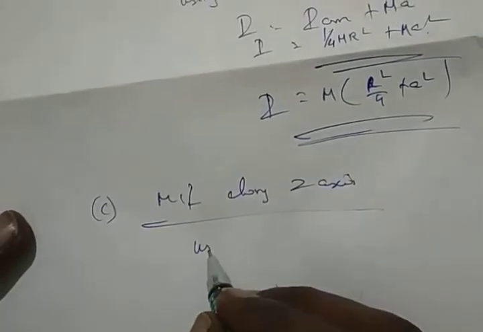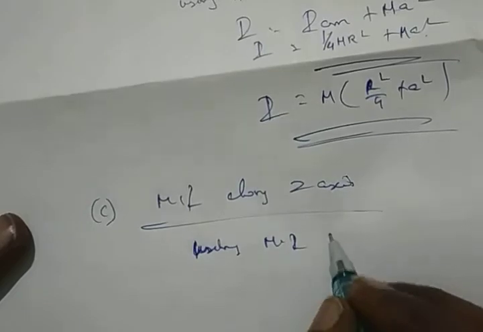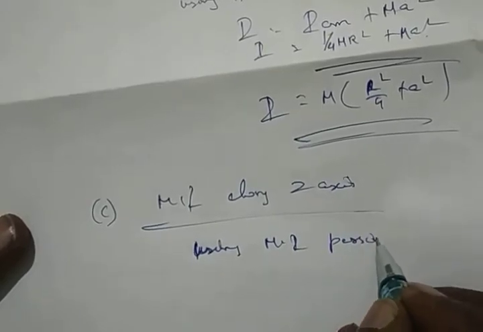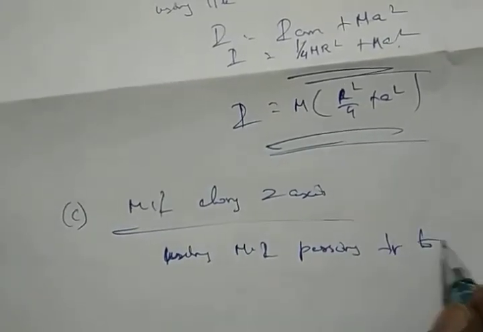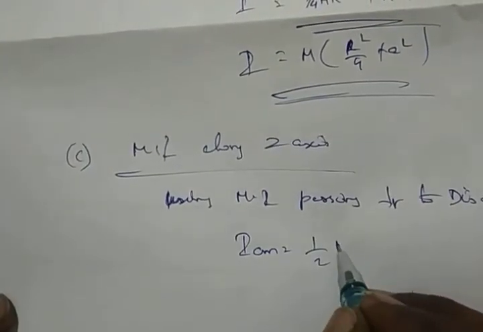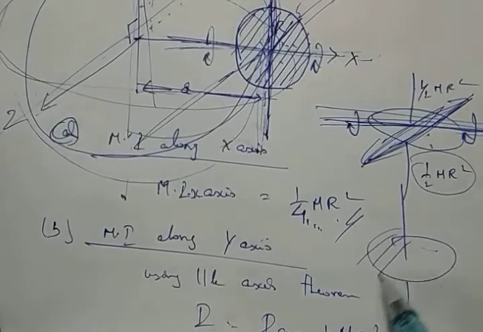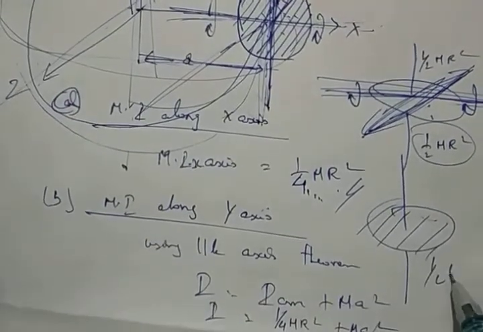So, using the moment of inertia passing perpendicular to the disk. What is the moment of inertia passing perpendicular to the disk? I center of mass is going to be equal to half mr square. We already know this one. In a disk, when anything passes through the center, it is half mr square.